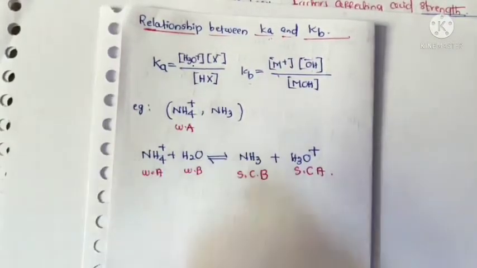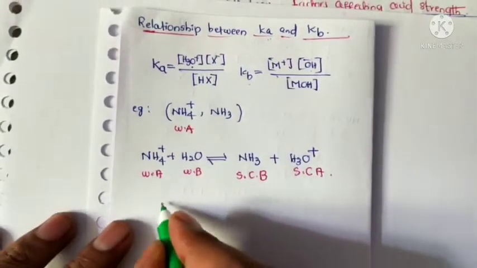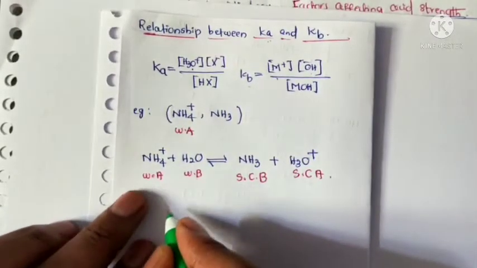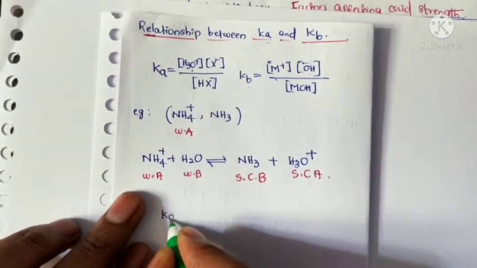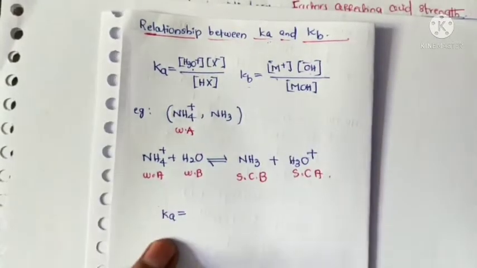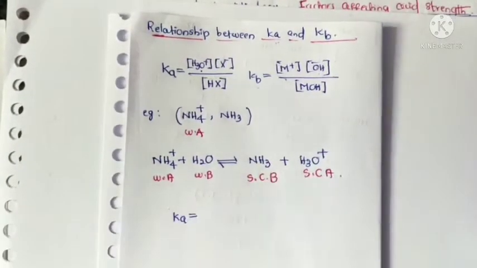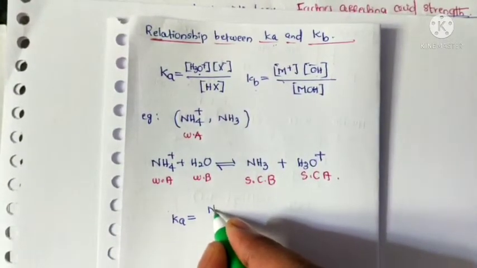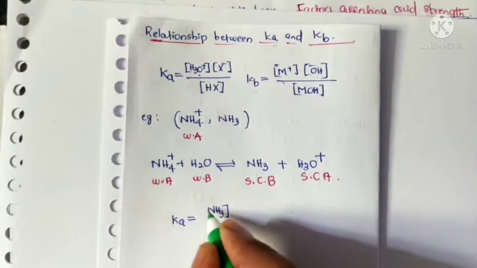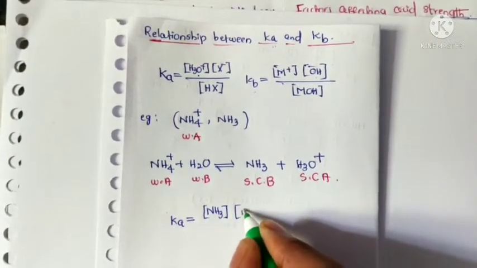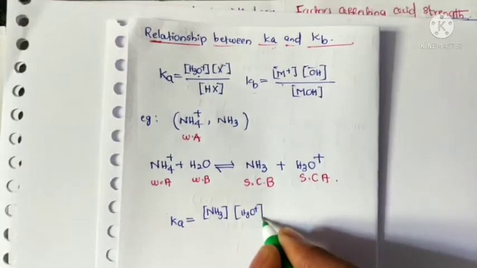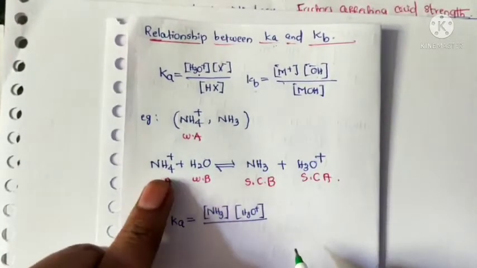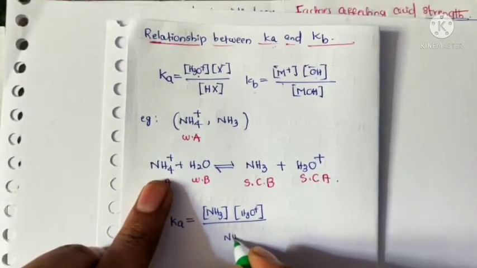So it is a weak acid, that's why we write the ionization constant of the weak acid. Ka equals the product concentrations, NH3 concentration and H3O+ hydronium ion concentration, divided by the NH4+ ion concentration.